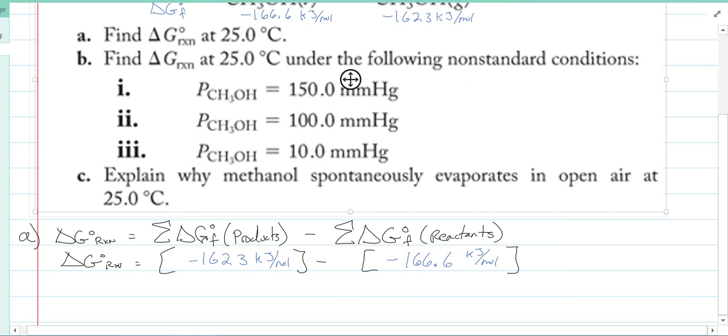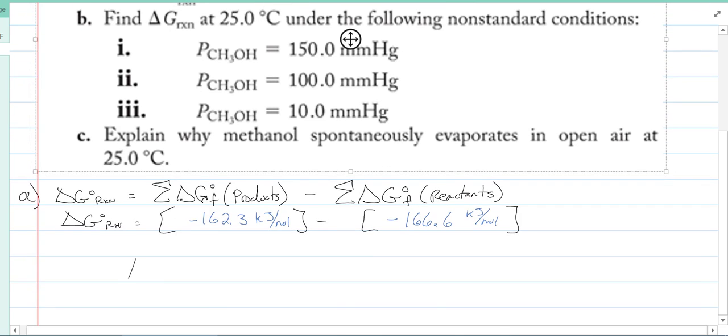Delta G of my reaction is going to be equal to positive 4.3 kilojoules per mole. So there's delta G of my reaction.